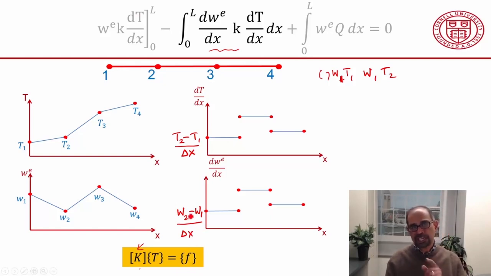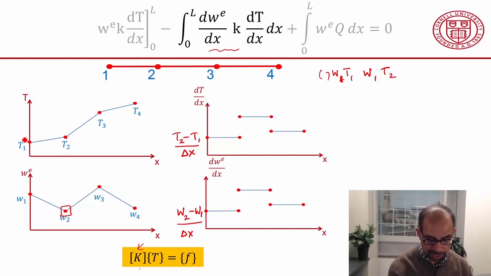And there's a very important takeaway from this, which is, if I want to know the algebraic equation at this particular node, which temperature values will it involve? I look at what all W2 is multiplying.